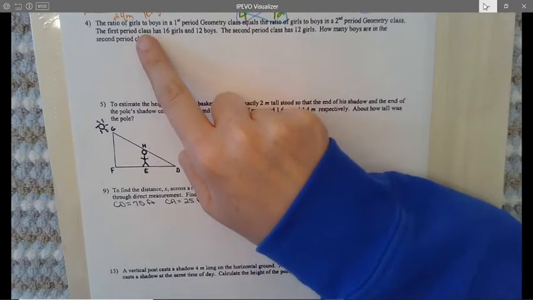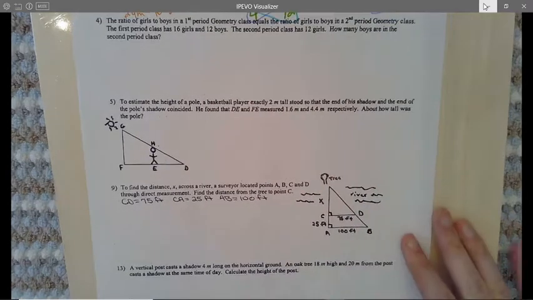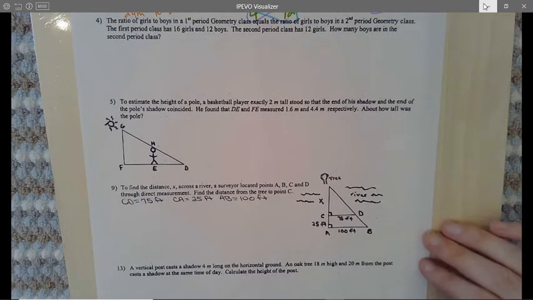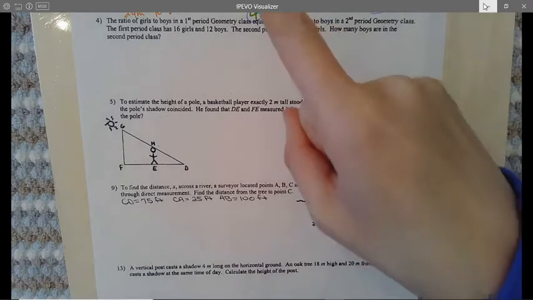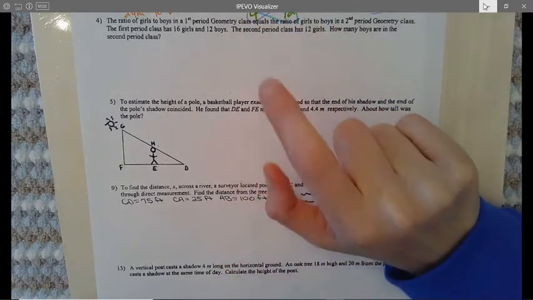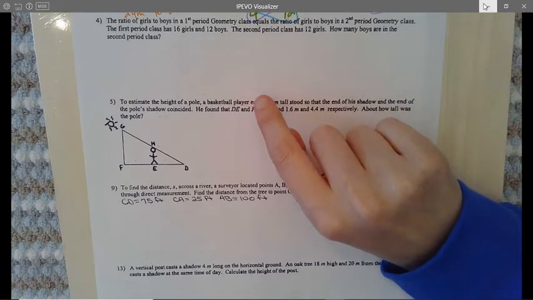Okay, so this one says the ratio of girls to boys in a first period geometry class equals the ratio of girls to boys in a second period geometry class. So the ratios are the same, which means we can set up a proportion, which is great. We love proportions. The first period class has 16 girls and 12 boys.